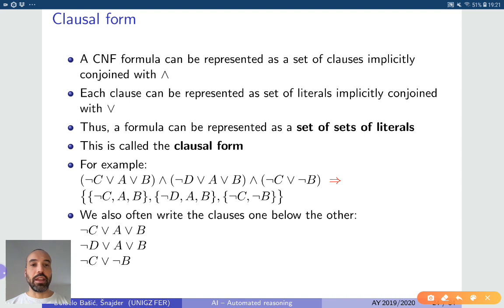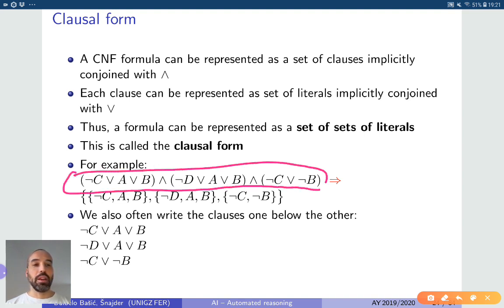So I'm basically saying that this formula, the result from the previous example, can actually be represented as a set of sets, where the operation between these elements here is an AND operation, and the operation between the elements within a subset here is an OR operation. I guess when you do this in code, this would be like a nested list, a list of lists, or maybe a set of sets, right?